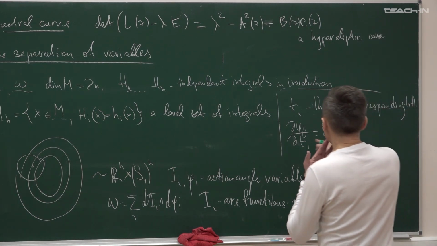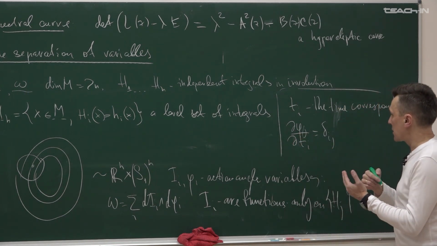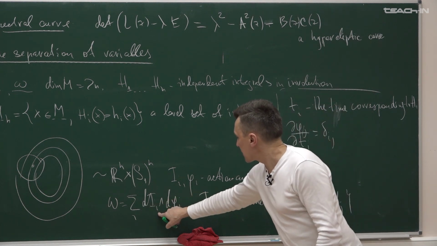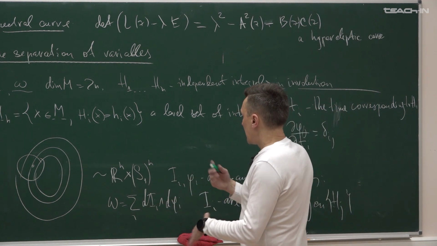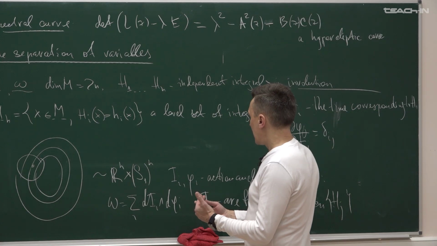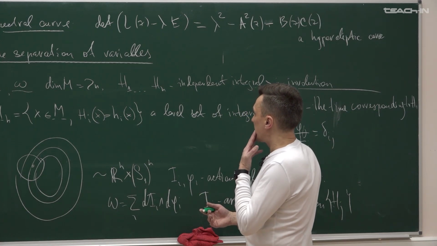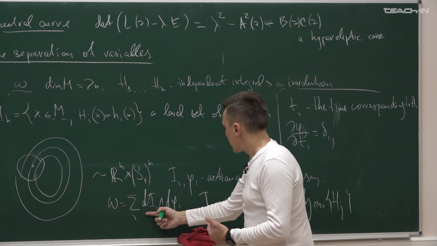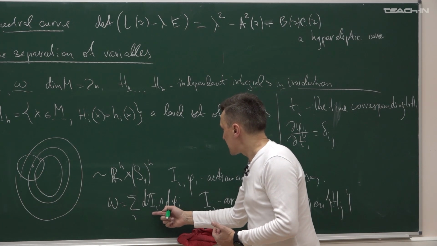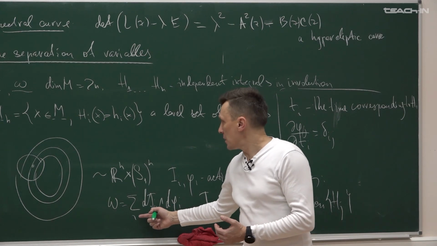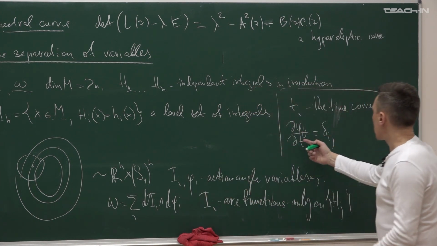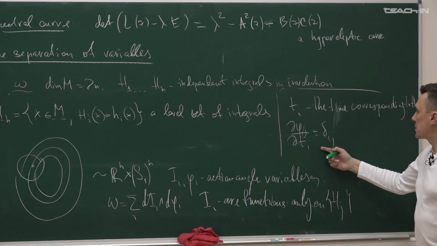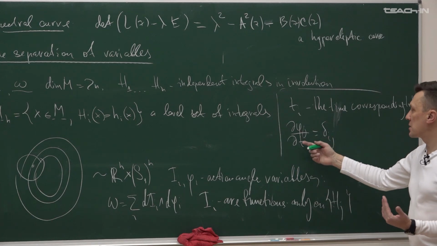So it means that these coordinates are just times with respect to this choice of functions. If we re-express the Hamiltonians by these new variables, we will get some linear combinations of this equation.